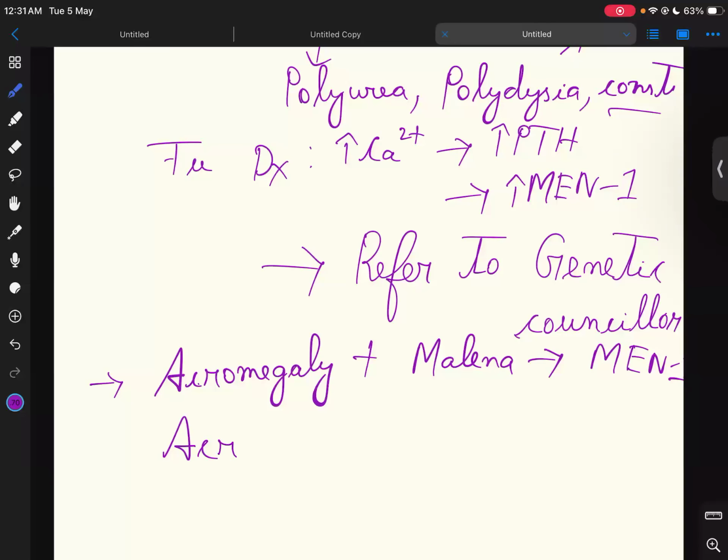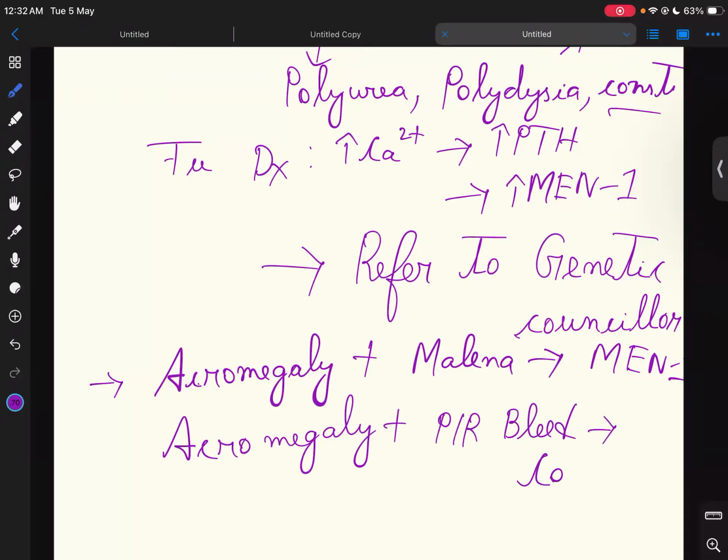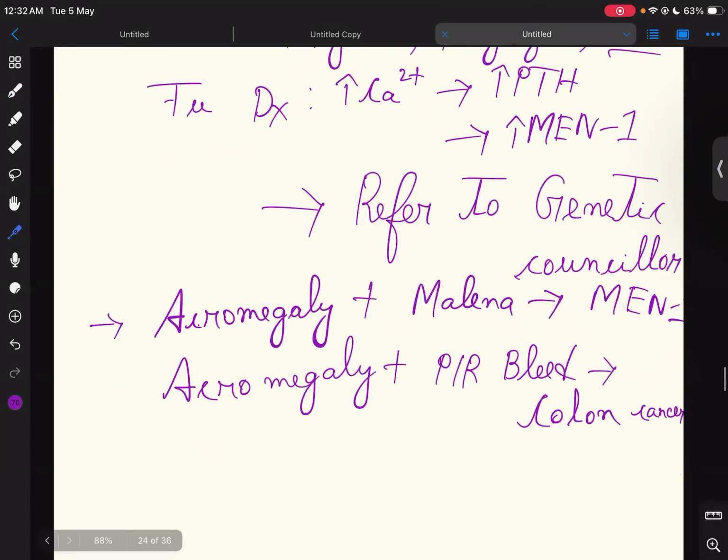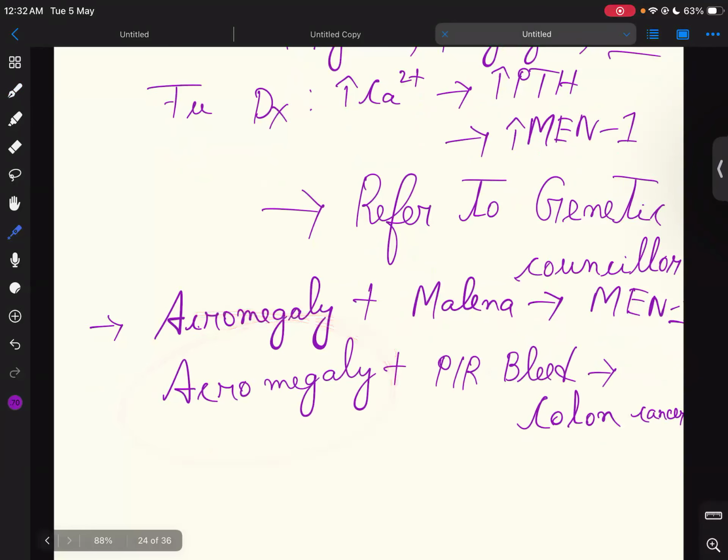Acromegaly with fresh per rectal bleeding, that is colon cancer. This is the particular reason I have mentioned this. So any acromegaly patient presenting with melena, this is MEN1. Keep this in mind. But if the same acromegaly patient comes with per rectal bleeding, that is fresh bright red bleeding, then this is colon cancer.